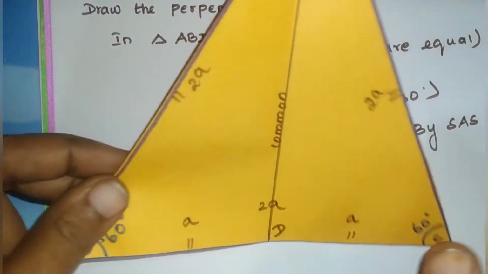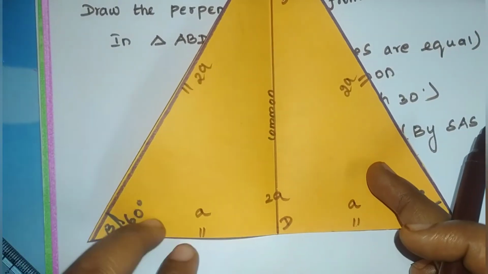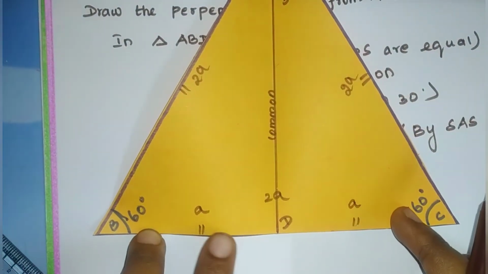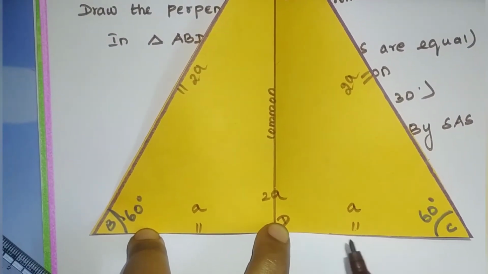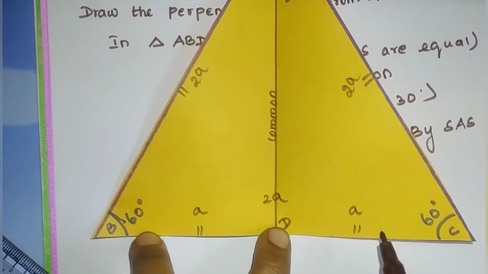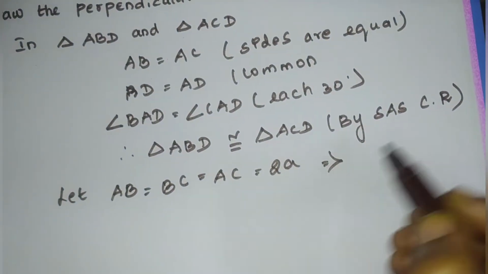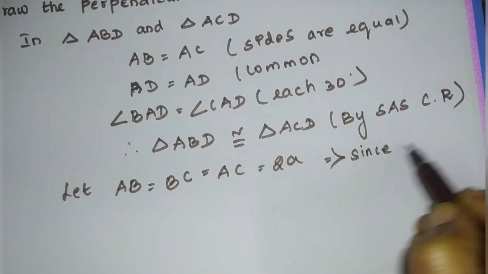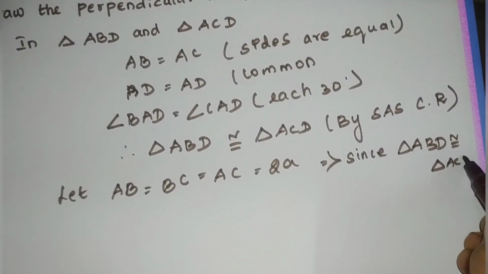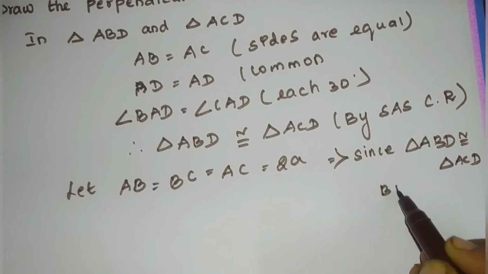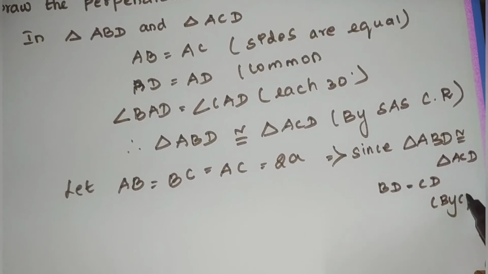And we proved that the two triangles are congruent triangles. So we can tell that the side BD is equal to the side CD. Since triangle ABD is congruent to the triangle ACD, we can tell that BD is equal to CD by CPCT.